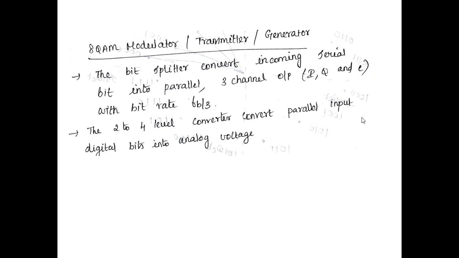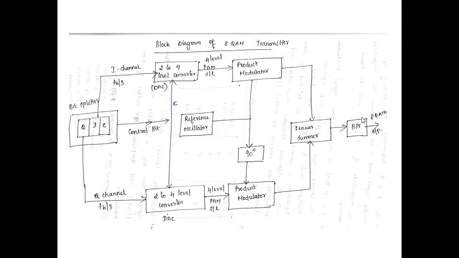So here we use 3 channels: I, Q and C, in phase, quadrature phase and control channel, with a bit rate of fb by 3 on each channel. Then these go to the 2 to 4 level converter, which converts parallel input digits into an analog voltage. So here is the diagram of 8 QAM.